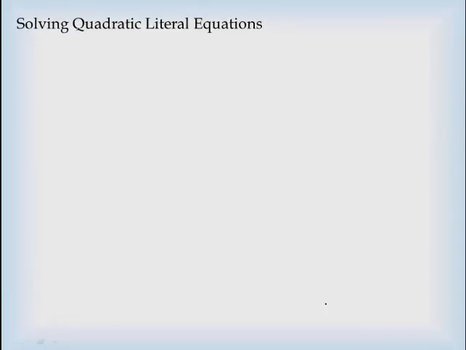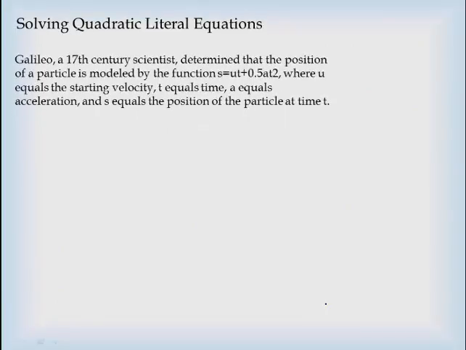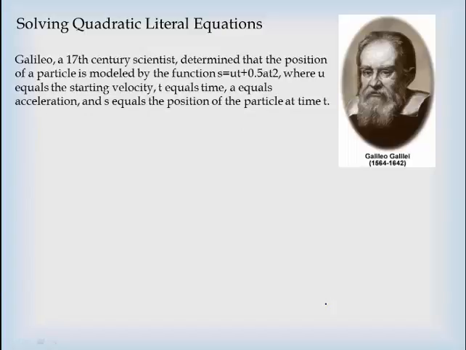Okay, now to solve quadratic literal equations. So Galileo determined that the position of a particle is modeled by a function s is equal to ut plus 0.5at squared, where u equals the starting velocity, t equals the time, and a equals acceleration, and s is the position of the particle at time t.